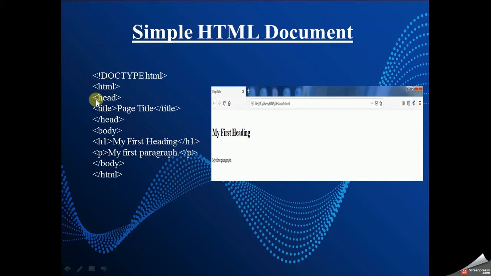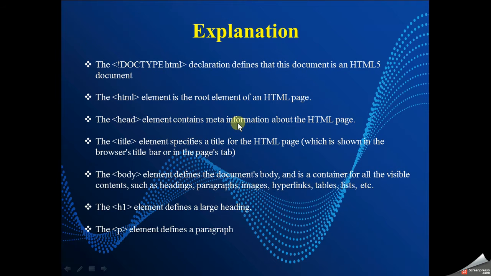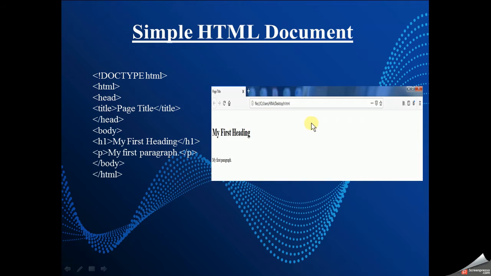We say that the head part includes all the logical parts, and the body part contains anything that will be written inside a web page and displayed to you. Okay.